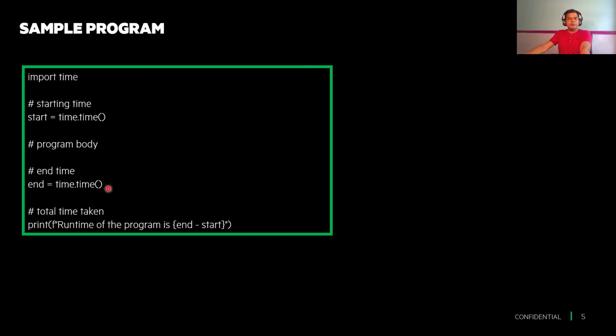We are saying time dot time, and now we are calculating the current time. Once we are done with the calculation, we subtract the start time from the end time, and this duration will be the time taken to run our program.